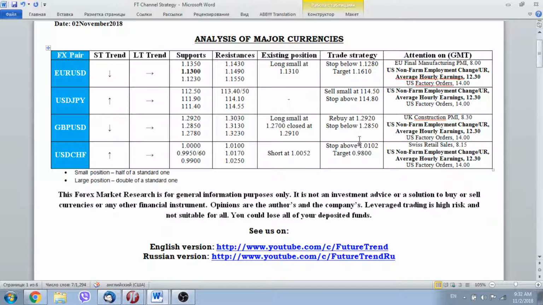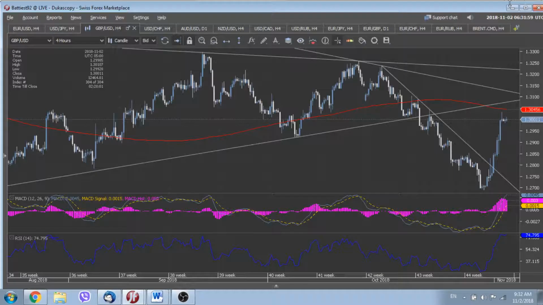We closed it yesterday at 1.2910, and now we are ready to rebuy the cable at 1.2920 with a stop below 1.2850. Probably today's United States payrolls report, in case of some upside surprise, could give us a chance to enter a fresh long position in the cable.